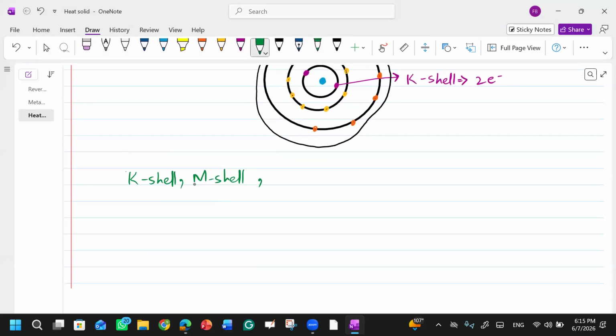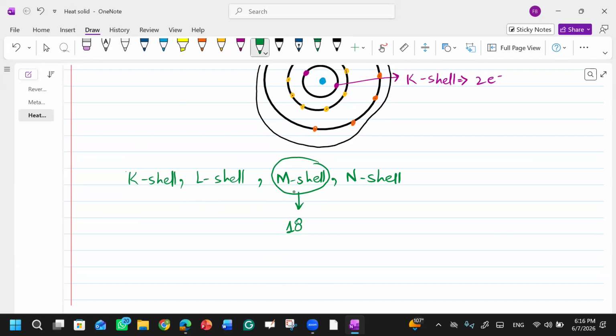Yes. K, L, M, N. These are the shells. When we say that the maximum capacity of the M shell is 18, we say that it can fill with 18 electrons.